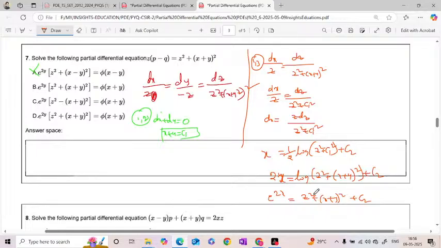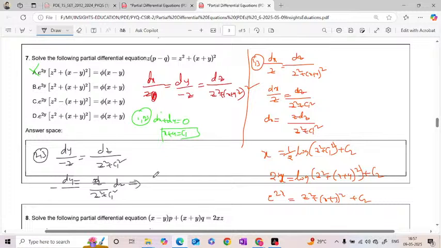Okay sir. This is one of the options, and it is the 1-3 combination. Similarly, the 1-3 combination here will not work. So one of the solutions is x plus y, and in the option there is a y. So y means 2-3 is possible. In 2-3, dy by minus z is equal to dz by z square plus c1 square, and dy is equal to minus z by z square plus c1 square dz.